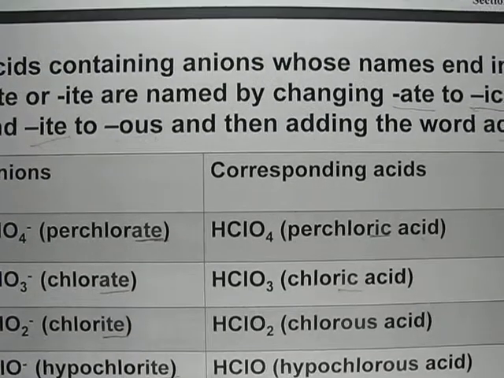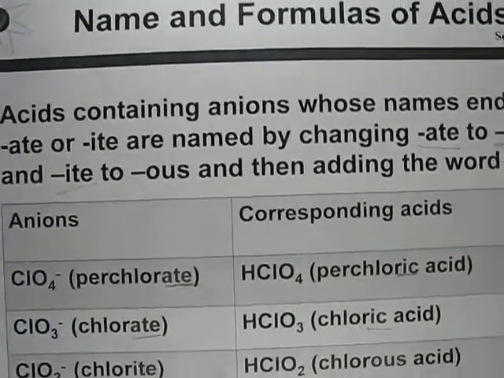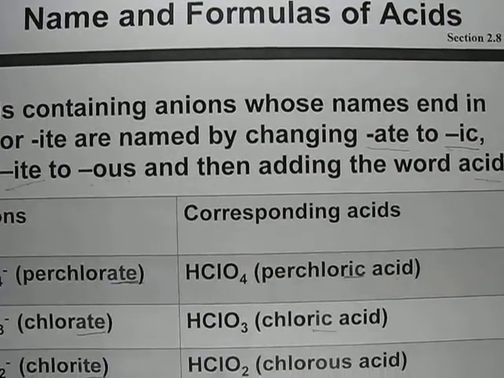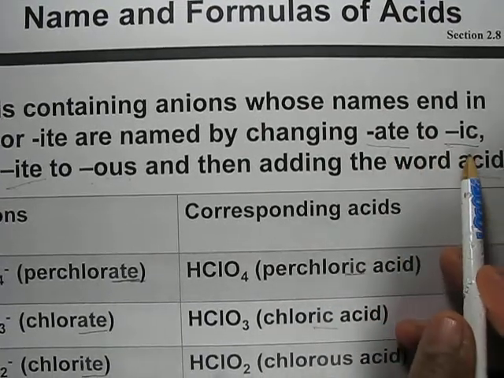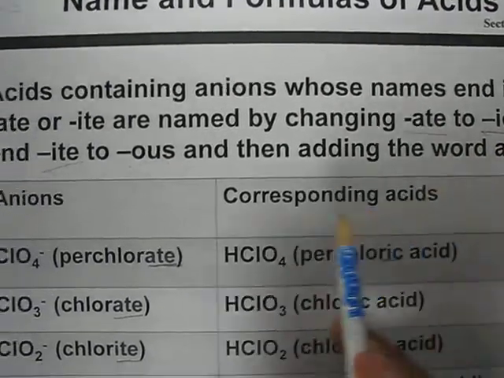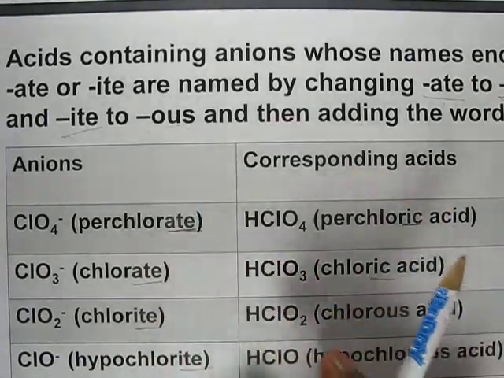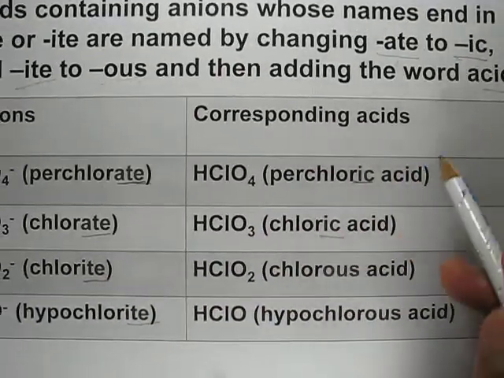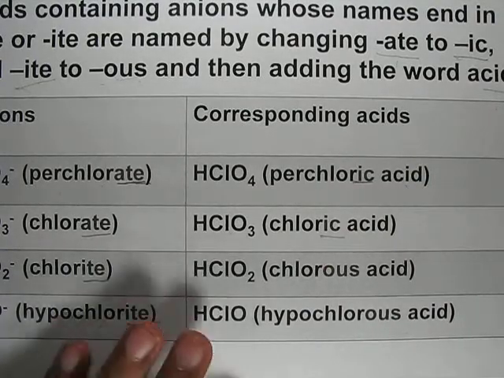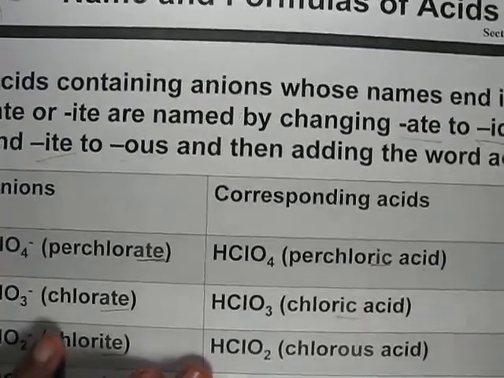So this is the second rule for the naming of acids. If we have ate, it will change into ic, and if it has ite, it will change into ous. And again we have to add acid.